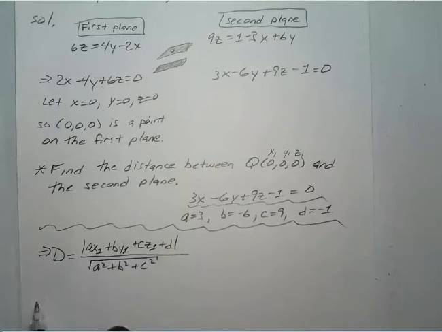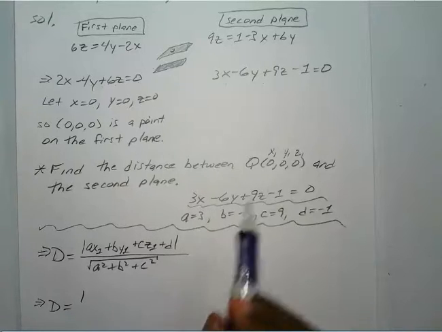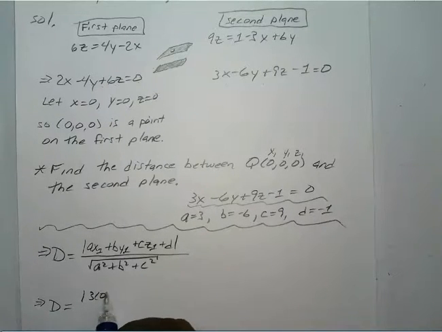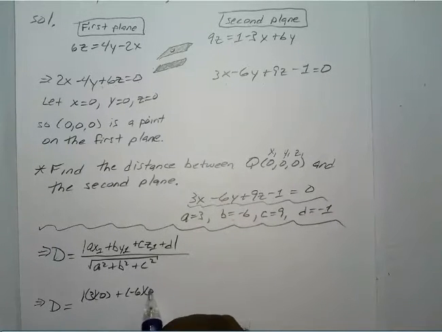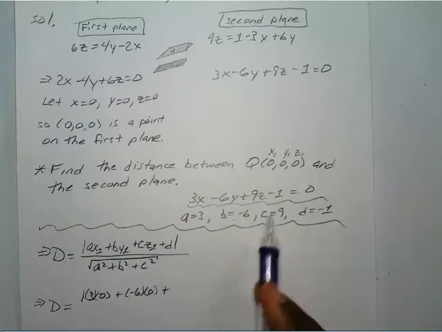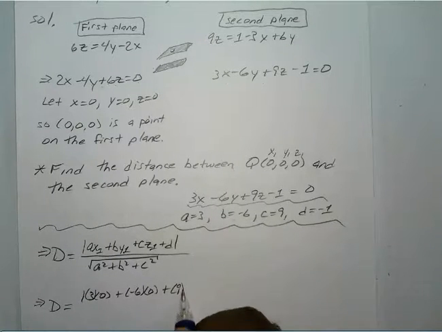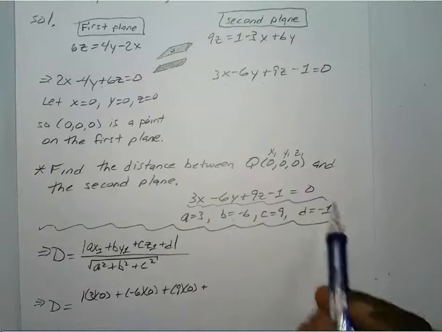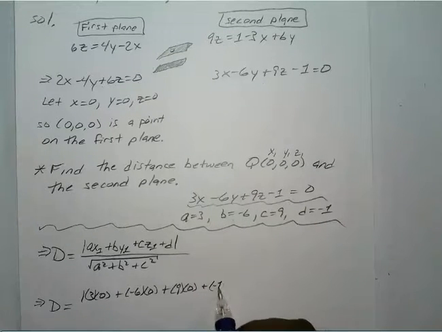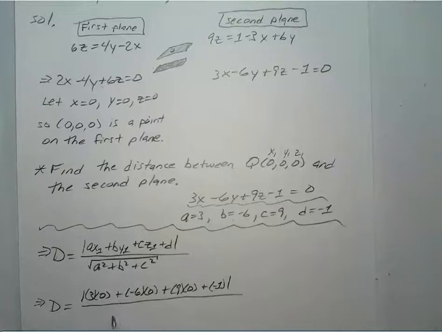So our distance is equal to the absolute value of 3 times 0 plus negative 6 times 0 plus 9 times 0 plus d, which is negative 1, all over the square root of 3 squared plus negative 6 squared plus 9 squared.